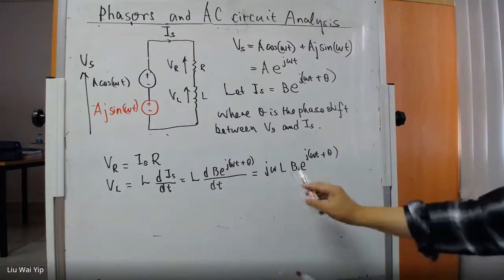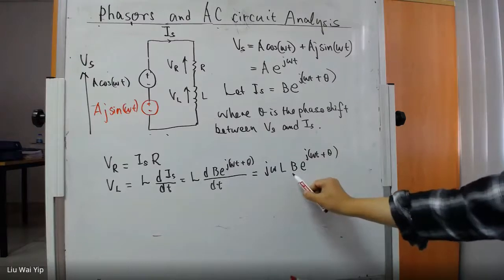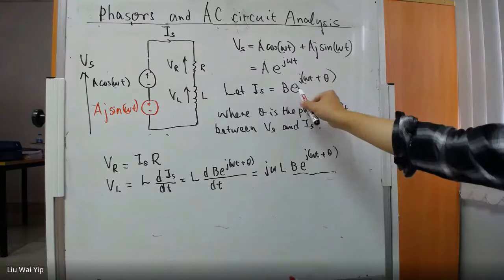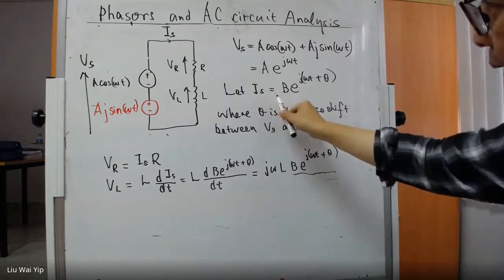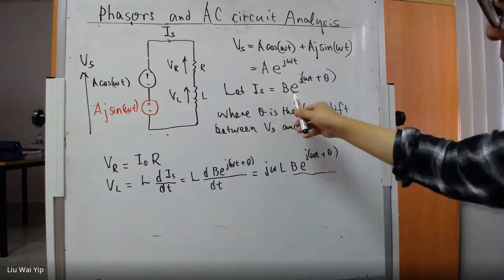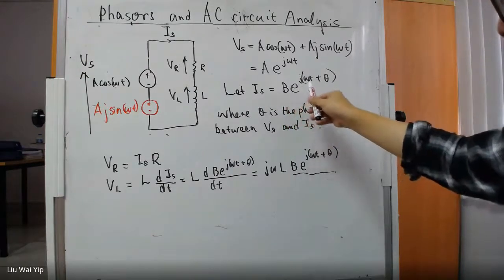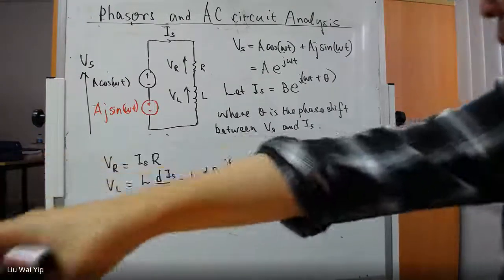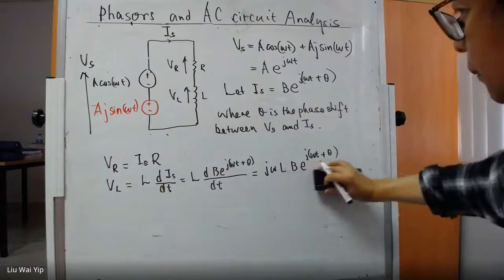But hang on a minute. What is this term? We have already defined Is as B times e to the power j omega t plus theta. So why don't we just do this?